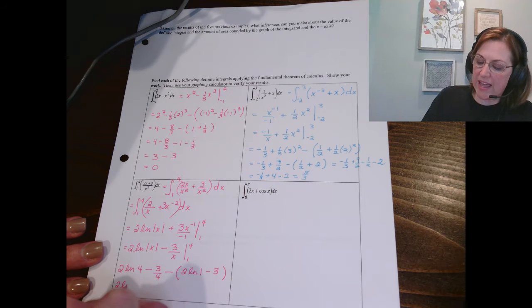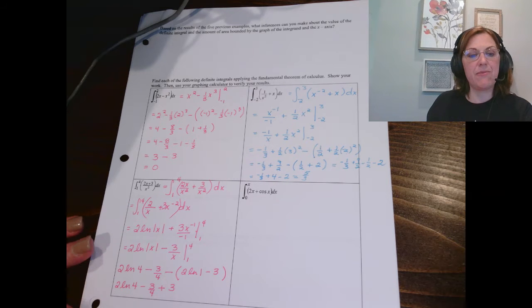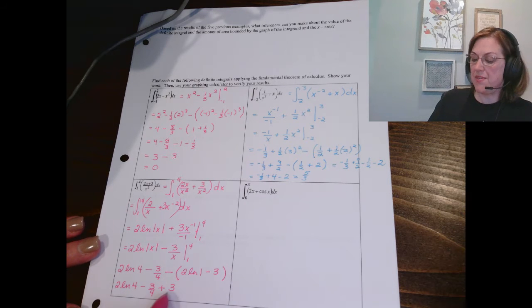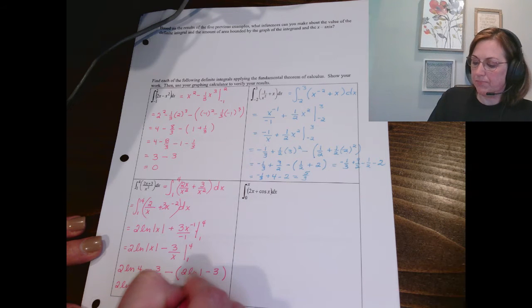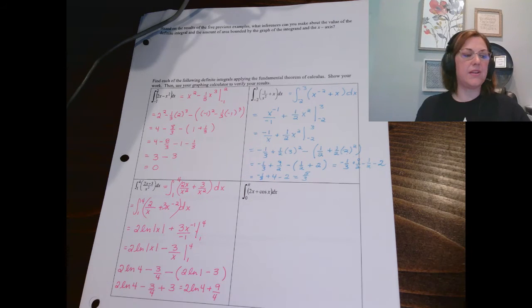So don't forget the ln of 1 is 0. So we're left with the 2 ln of 4, and then let's add negative 3/4 plus 3, and that would be 9/4. And we'll leave it there.